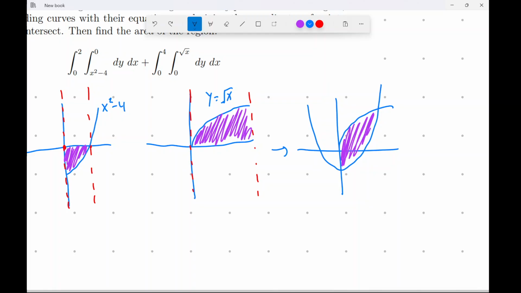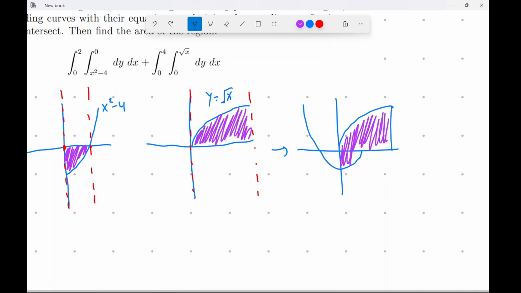That's not quite right, is it? It's this region, which is a really weird region. I don't know why they would give this, and it makes me worried that I set something up wrong. But I don't see any mistake I could have made, so I'm just going to assume that this is right.